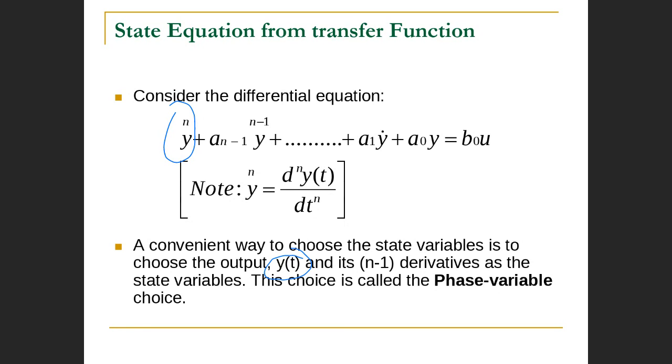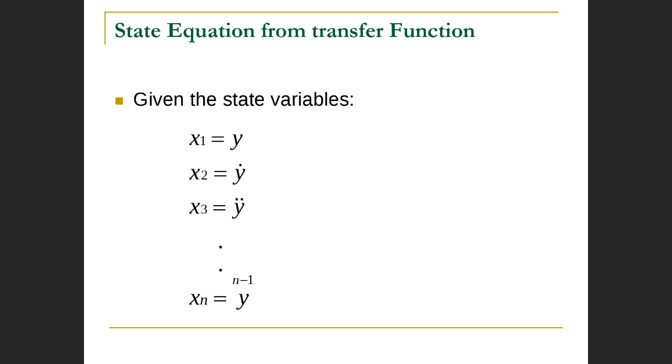All right. So a convenient way to choose the state variables is to choose the output y of t and its n minus 1 derivatives as the state variables. Here we would satisfy the number of state variables required for the system, which is a total of n. When we do it in this format, we call it the phase variable choice. So here's what we end up with.